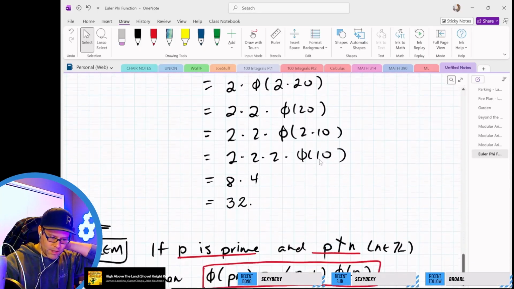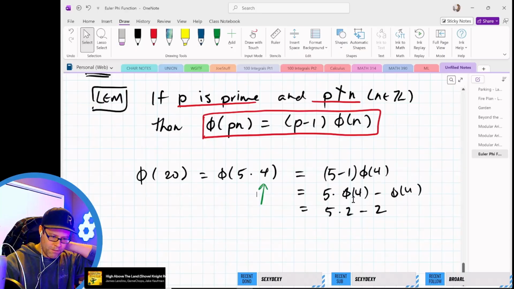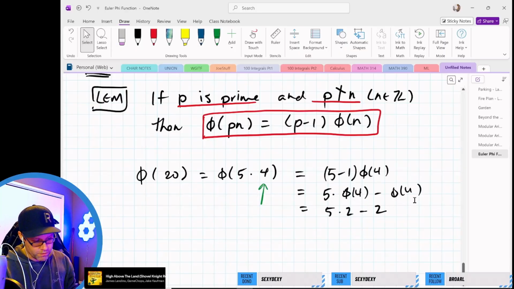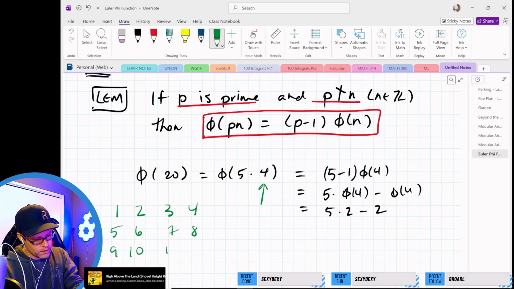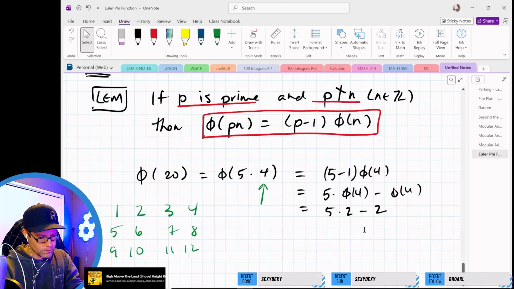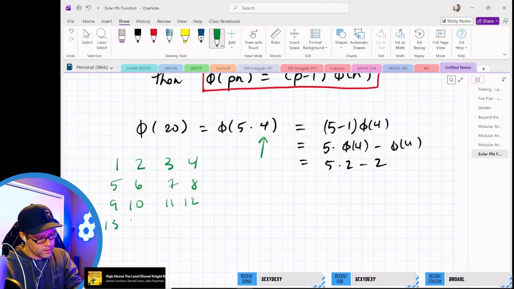So I think that's going to be similar down here. We're going to have phi of 4 is how we think about this problem. So I'm going to arrange things in groups of 4 on my way up to 20. So 1, 2, 3, 4, 5, 6, 7, 8, 9, 10, 11, 12, 13, 14, 15, 16, 17, 18, 19, 20.